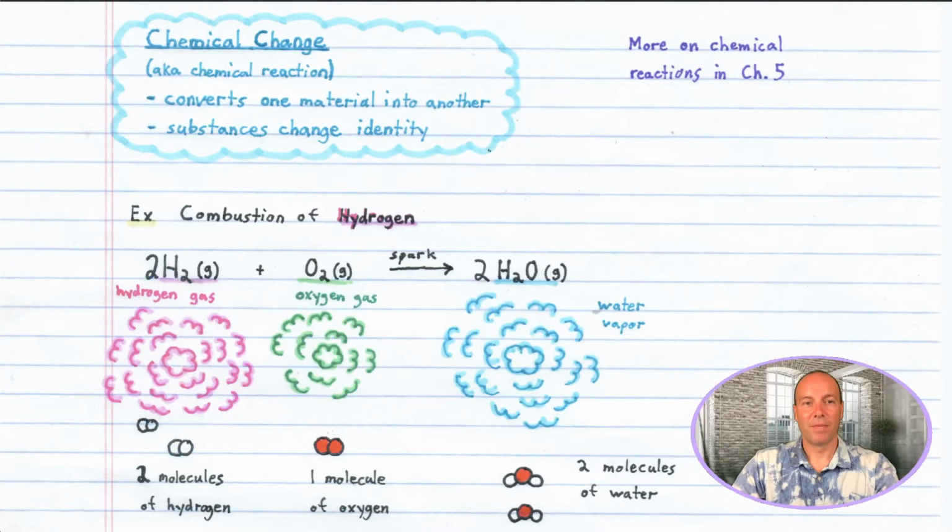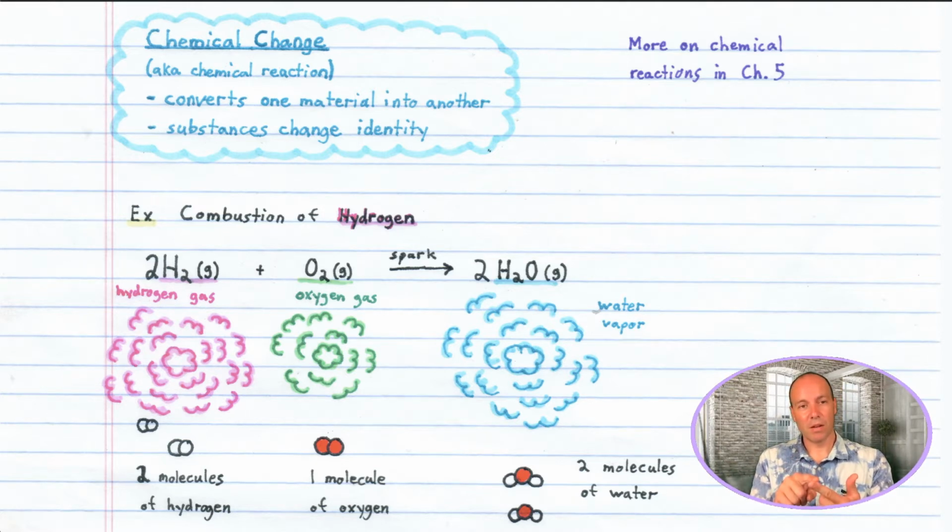Hello again. In today's lecture, we will go through the third way of categorizing matter. Recall in our previous two lectures, we described two ways to divide matter into different categories. The first one, matter is either naturally occurring or it's synthetic.